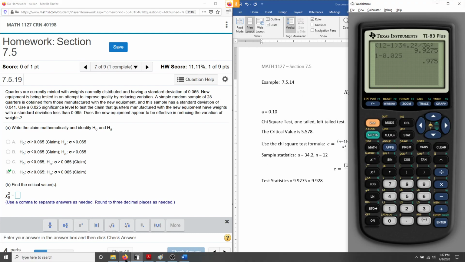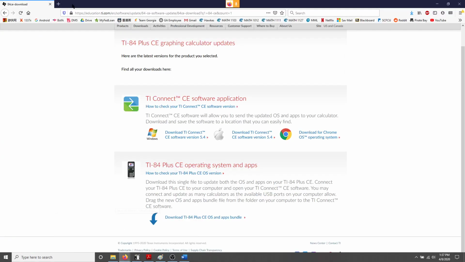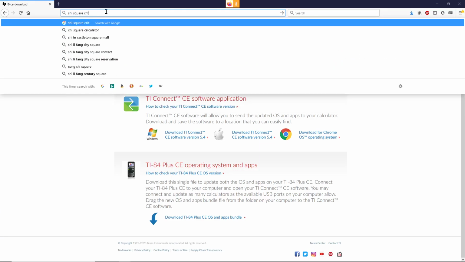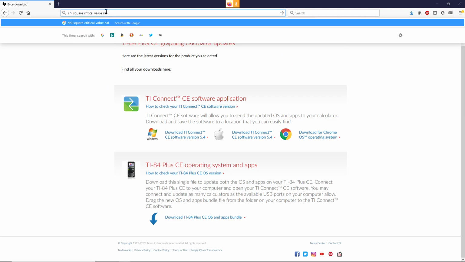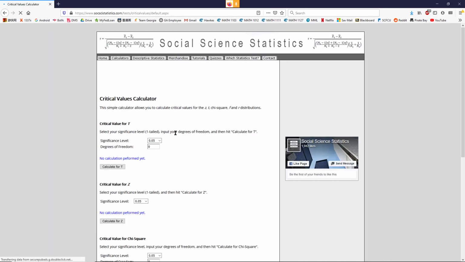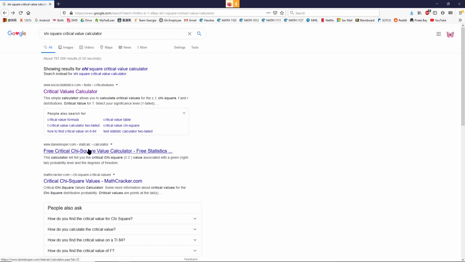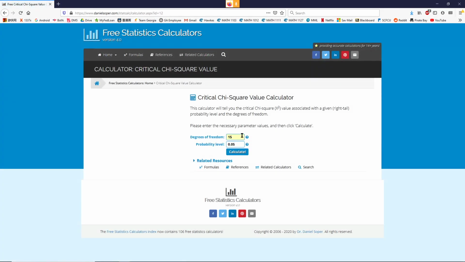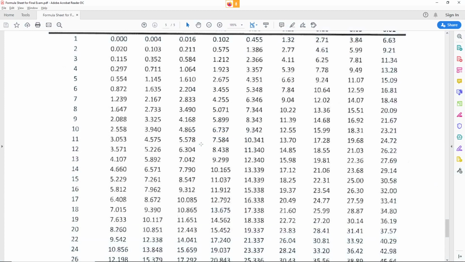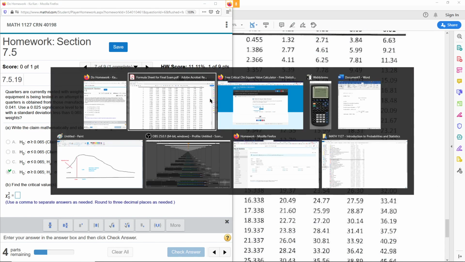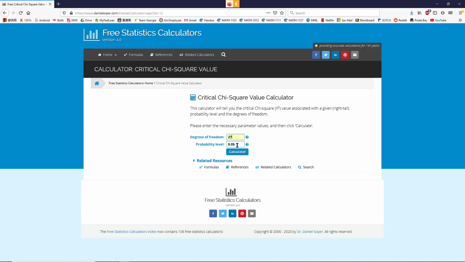So what I'm going to do is use the chi-square critical value calculator I was using. That's probably the easiest way. Let me see, I like this one better. So the degree of freedom: 28 is the sample size, subtract 1 is 27. So that's 27 degrees of freedom.